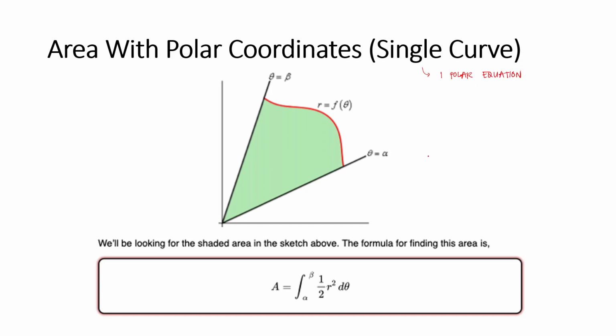So if you look at the formula, the area is equal to the integral of 1/2 r squared d theta from alpha going to beta.